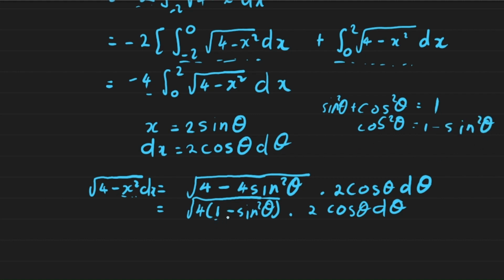So this part is simply cos squared theta. So we have the square root of 4 cos squared theta times 2 cos theta d theta. Square root of 4 is 2. Square root of cos squared is cos. So 2 times 2 is 4, and cos theta times cos theta is cos squared theta.